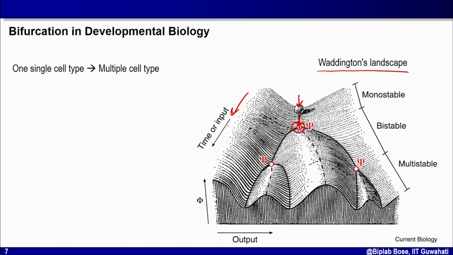Then as time passes further and the input changes, the system may have two stable steady states, one here and one here. Some of the cells in the population will move towards this steady state and the others will move to the other steady state, depending upon their initial condition in the phase plane.